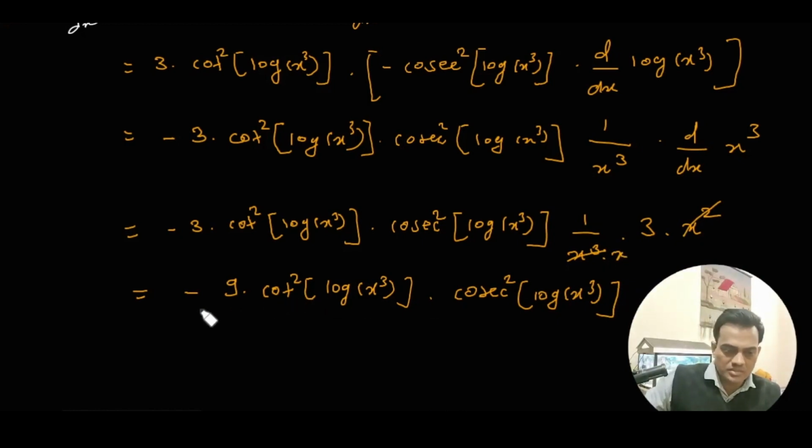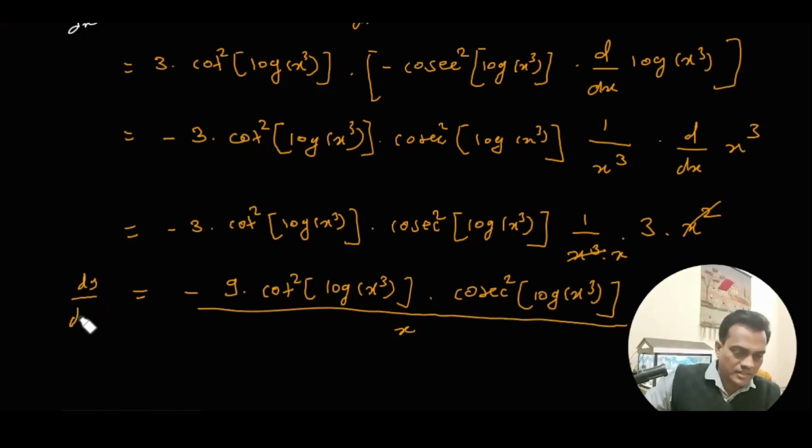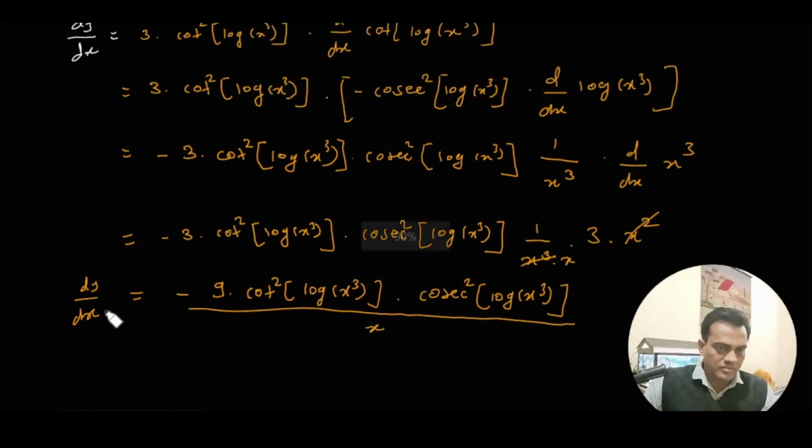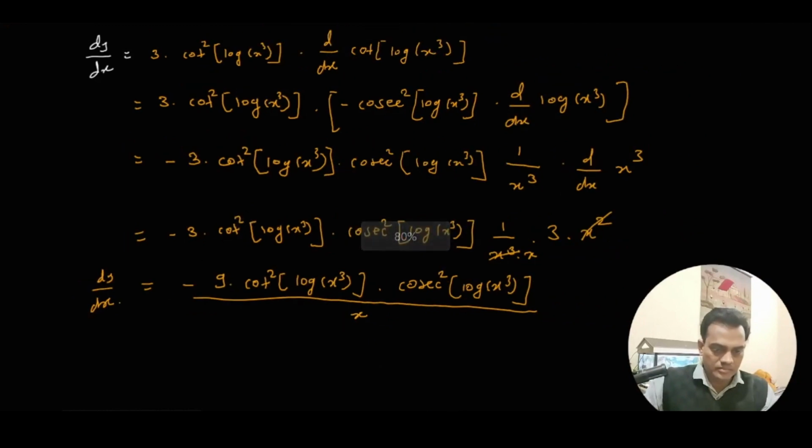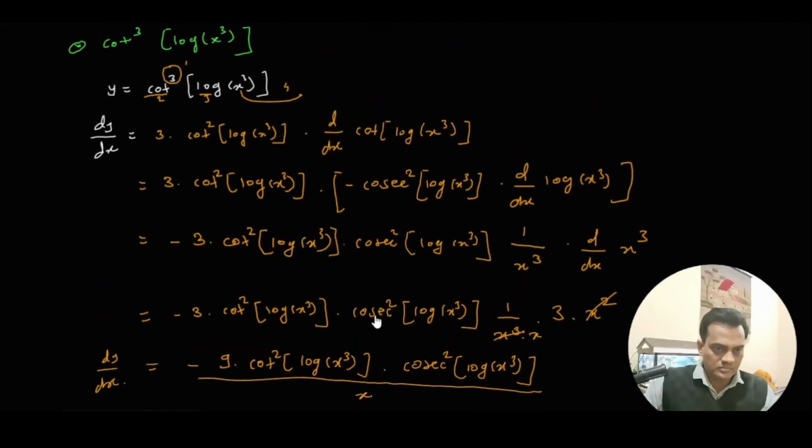So this is entire divided by x. So ultimately dy by dx is this. So we can state that the derivative of this particular cot cube log of x cube is this.